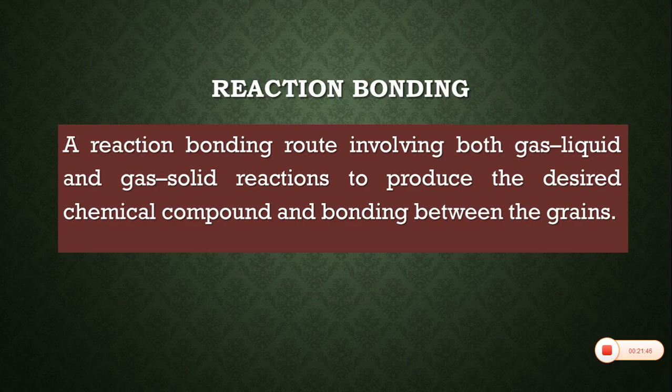Commonly, the process is accompanied by little or no shrinkage of the preform, so that very close dimensional tolerance can be achieved for the finished component. So this reaction bonding method involves both gas-liquid and gas-solid reactions.